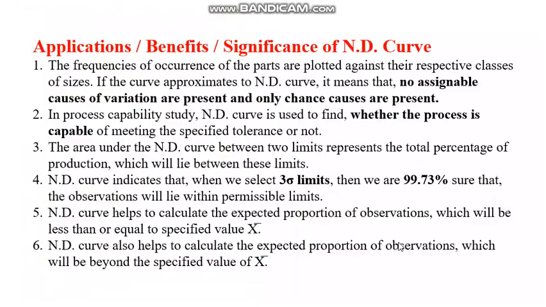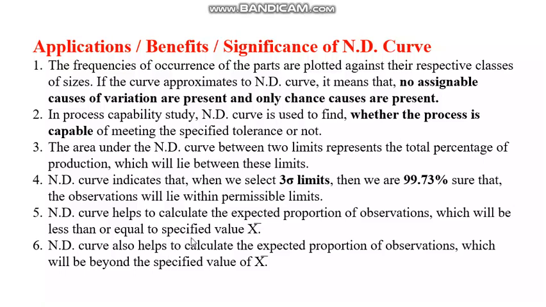So how much percentage falls within that we can know by the normal distribution curve. When we select 3 sigma limits, then we are 99.73% sure that the observations lie within the permissible limits.